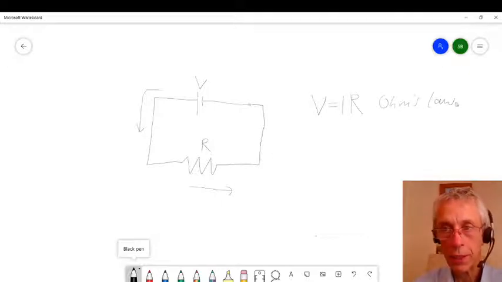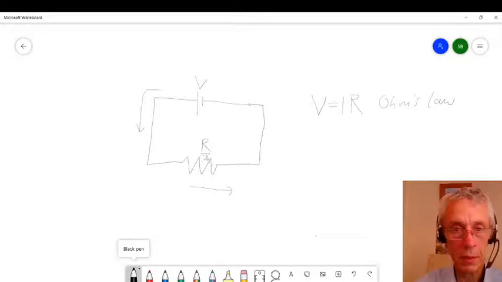and it basically tells you that for a certain resistance in a circuit, the current flowing through that resistance is directly proportional to the voltage. So if I double the voltage, I'll double the current. If I halve the voltage, I'll halve the current.